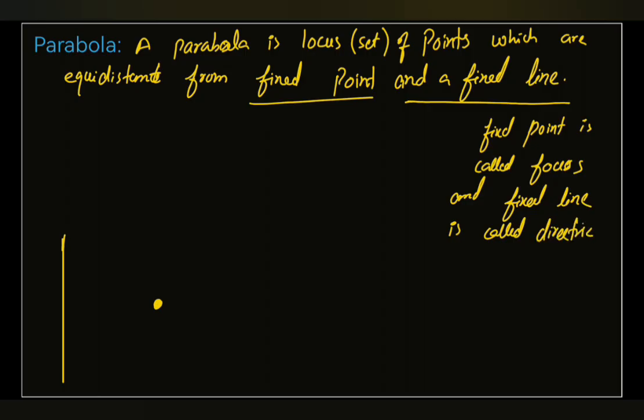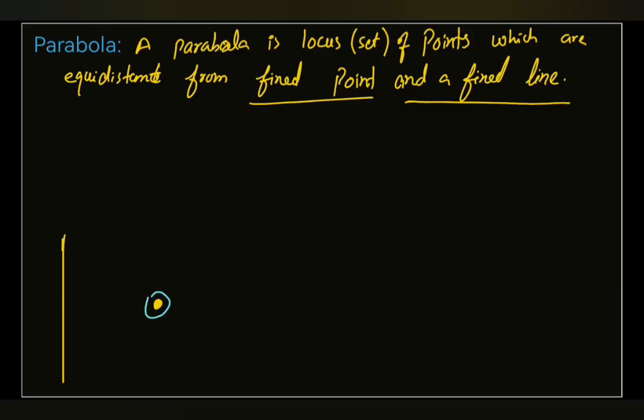Why are we discussing this focus and Directrix? Because these are used in the following equations, and we will use the names of these: focus, Directrix, axis of parabola, this and that. So we have a point in the plane and a line in the plane.